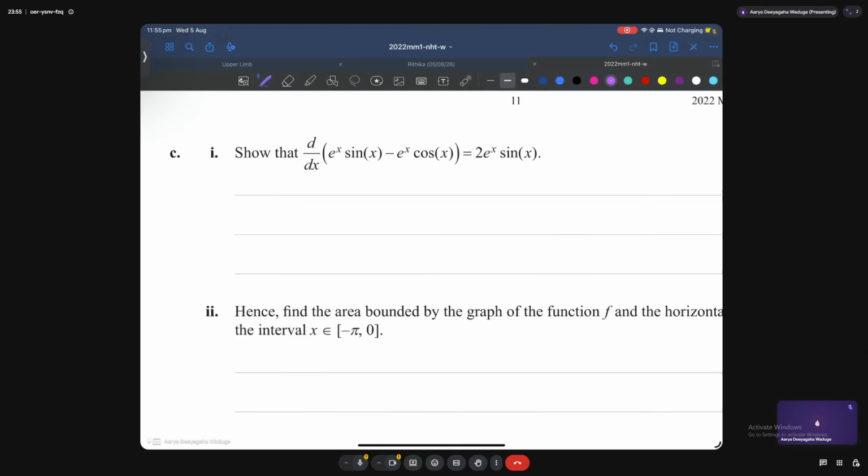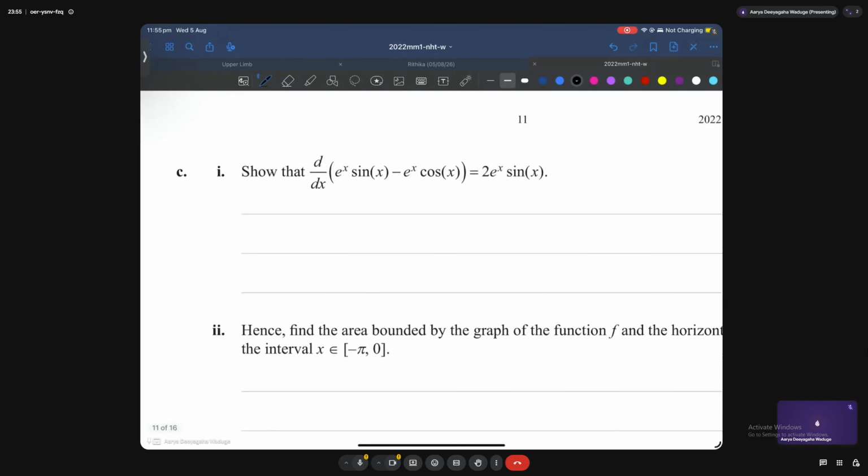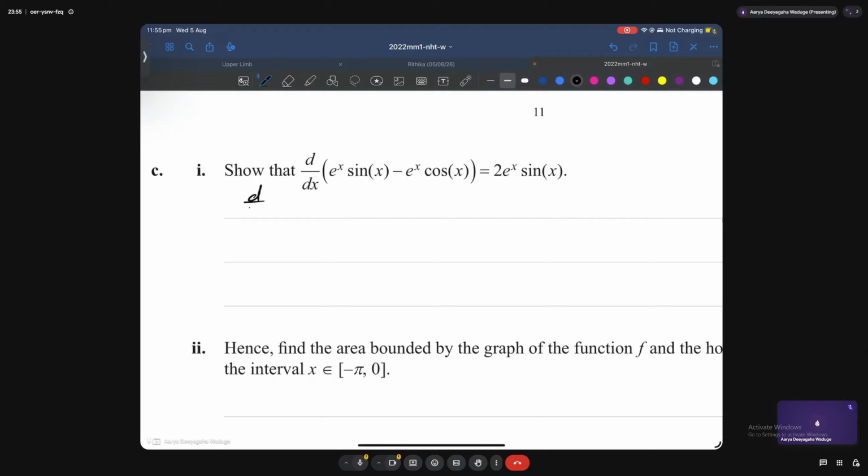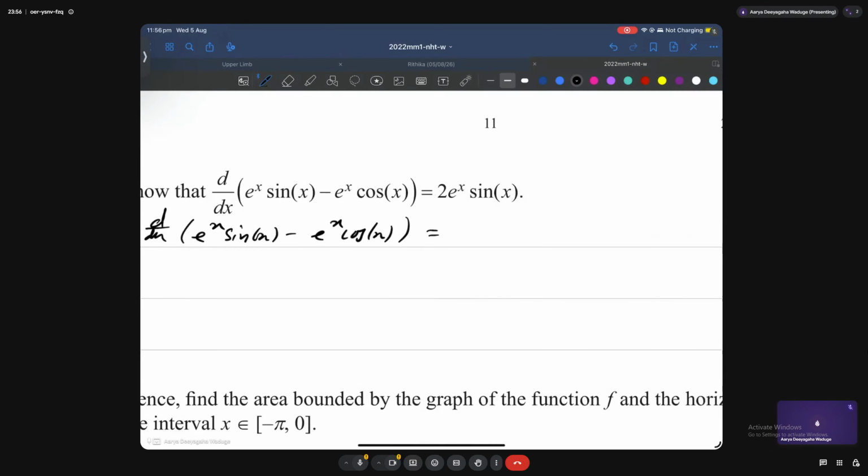Okay, so this looks like a simple integration by recognition question, so you could easily show this here. The derivative of e to the x sine x minus e to the x cos x: if you differentiate the left side, this is going to be e to the x sine x plus e to the x cos x, and then subtracting.